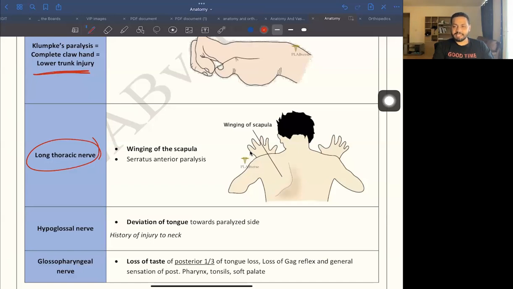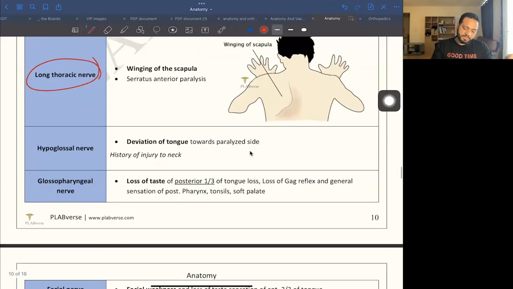So it happens after mastectomy, all right? So the long thoracic nerve supplies basically the serratus anterior. So it's very common after the mastectomy in breast cancer patients. So when this happens, when you ask them to try to push forward, you will find that the scapula is very winged because of the serratus anterior muscle paralysis. So this is the long thoracic nerve.